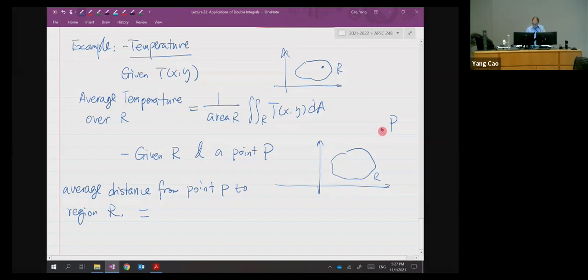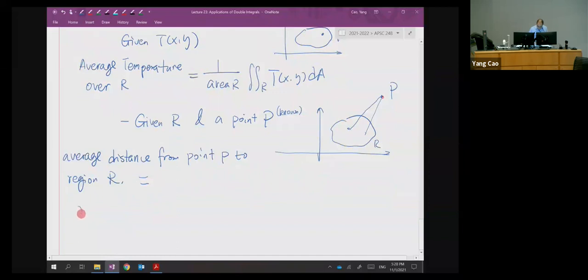Distance means if I pick a point within this region R, then you can get the distance. You pick another point, you get another distance. So we're trying to get the average distance from the point P to this whole region R. So how do I formulate this problem? Remember, this P is known, with known coordinates.